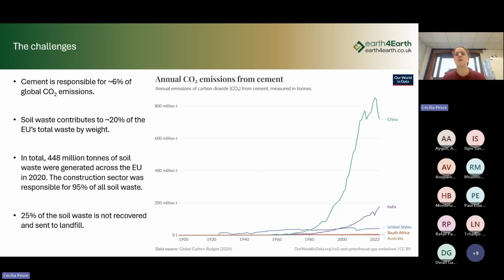We all know how much cement production is impactful in terms of CO2 emissions, but the construction sector is also a high producer of waste, especially soil waste. So there are quite a lot of challenges that need to be addressed. And if raw earth is more used in construction, I believe this will help to at least partly address most of these challenges.